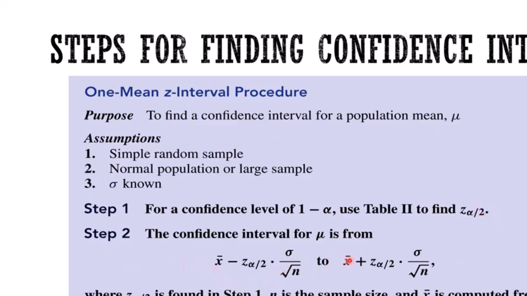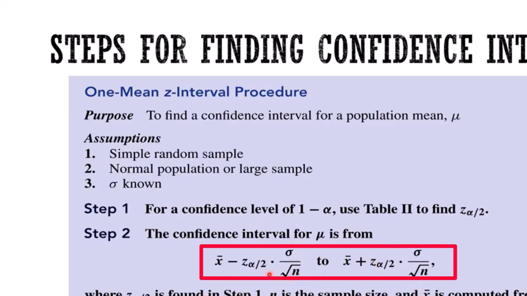Step 2, the confidence interval for the population mean is calculated using these formulas. X bar, which is our sample mean, minus z of alpha by 2 multiplied by sigma divided by square root of n. So to find the lower end, we do a subtraction from the sample mean, and to find the upper end of our interval, it'll be x bar plus z of alpha by 2 times sigma divided by square root of n.